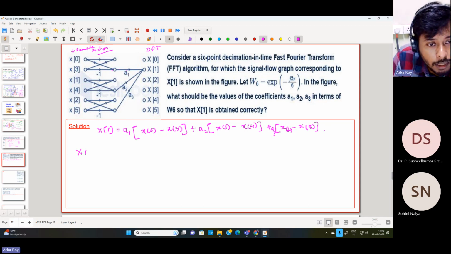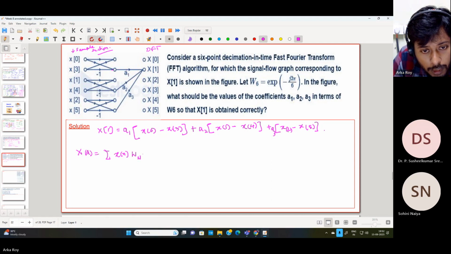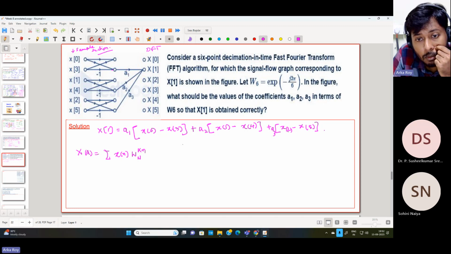Now we know that Xk is basically the summation of X of n W n, because W is e to the power minus j 2 pi by 6.